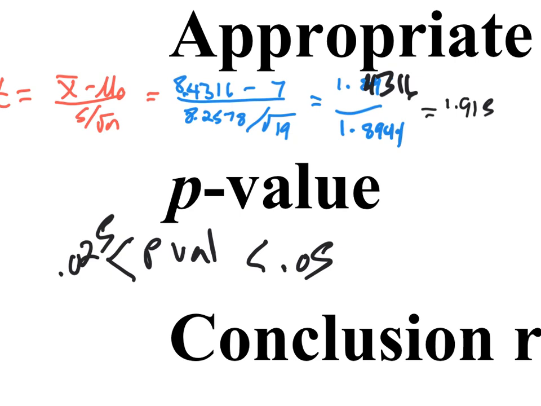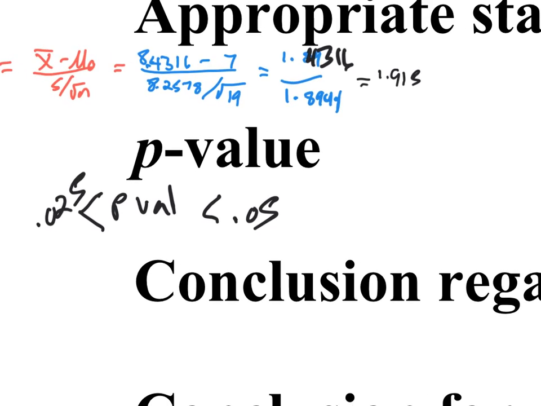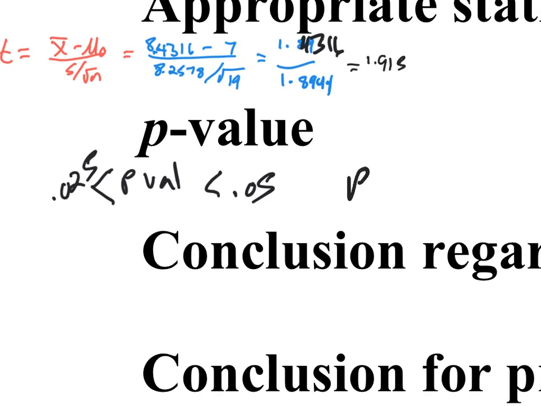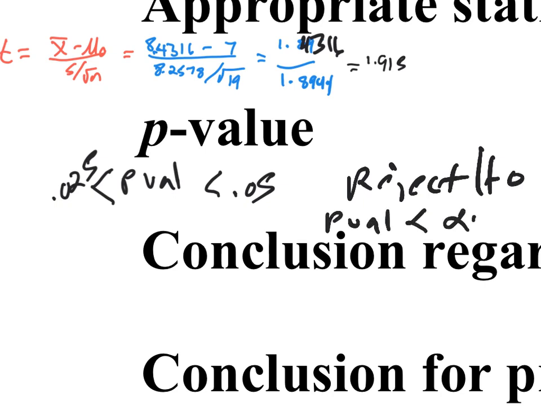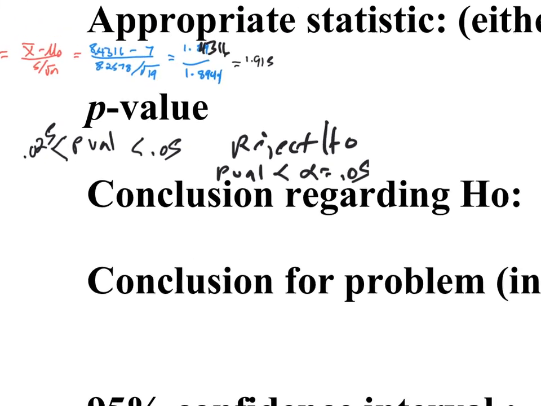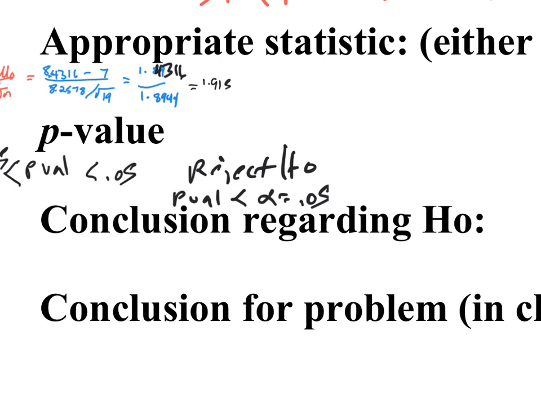Is that true or false? That's true. That tells you a lot, because if it's less than 0.05, what do I do? You reject H naught. So I'm going to reject H naught, because the p-value is less than alpha, which is 0.05. So conclusion: rejecting H naught.